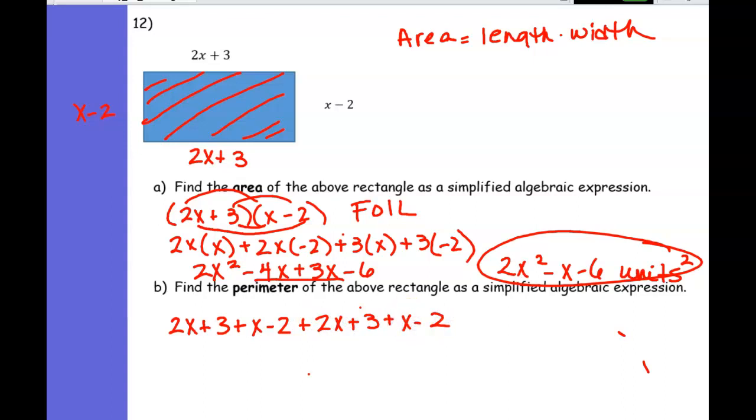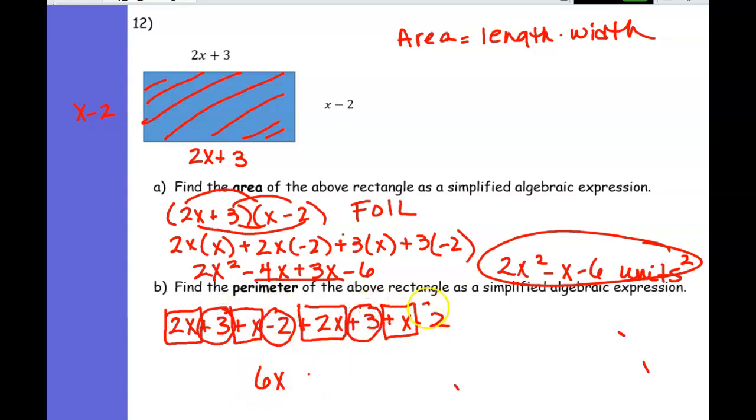Then we combined our like terms. 2x and 1x would be 3x. 3x and 2x would be 5x. And 1 more would be 6x. Then our numbers: 3 minus 2 is 1. 1 plus 3 is 4. 4 minus 2 is 2. So the perimeter would be 6x plus 2 units.